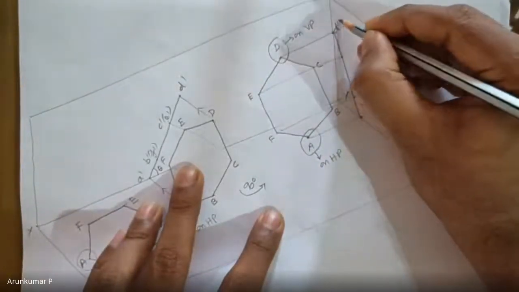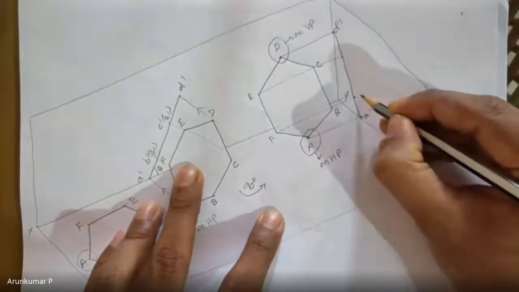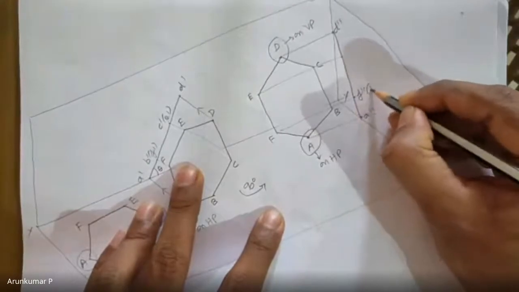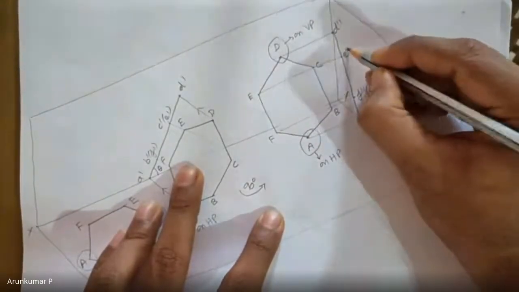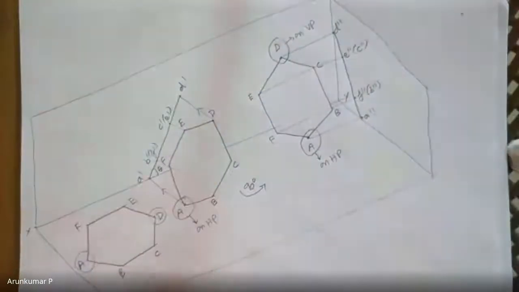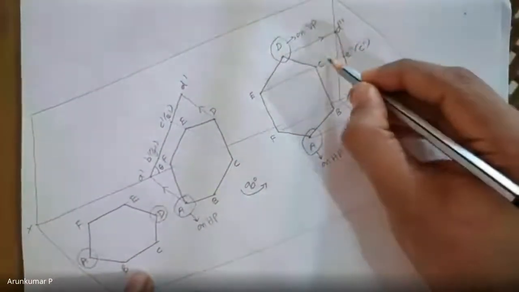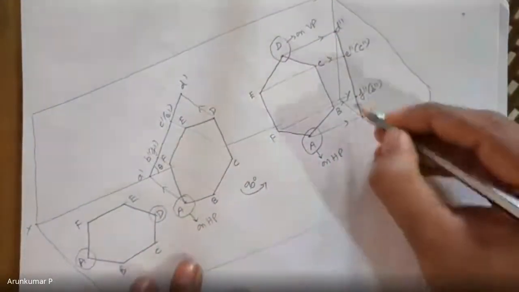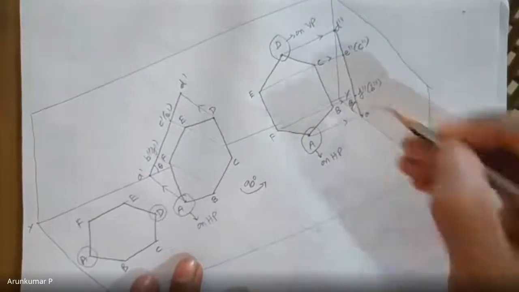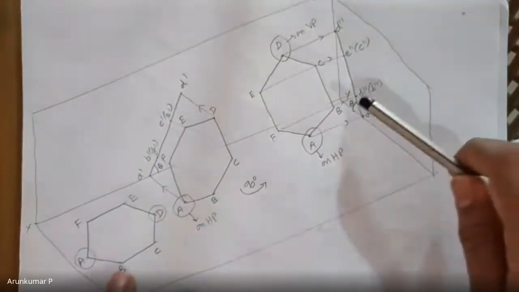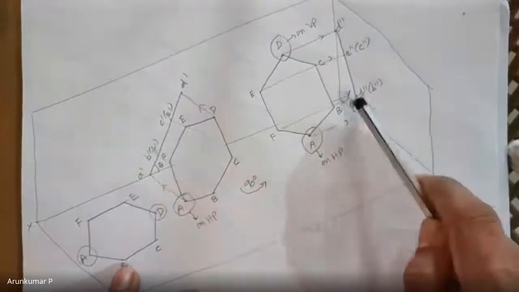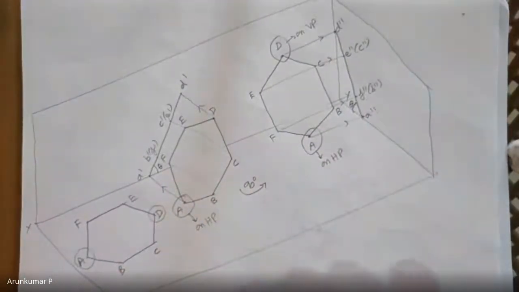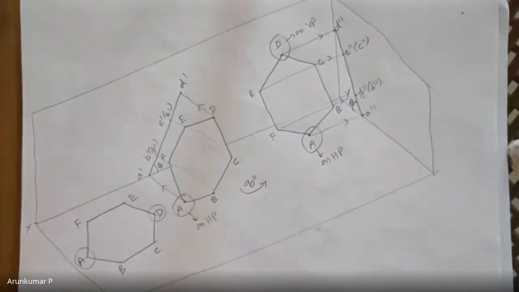So this is D double dash, this is A double dash, this is F double dash, B double dash, this is E double dash, C double dash. This angle will be theta. Whatever, if this is 60 degrees, this also will be 60 degrees. Clear?